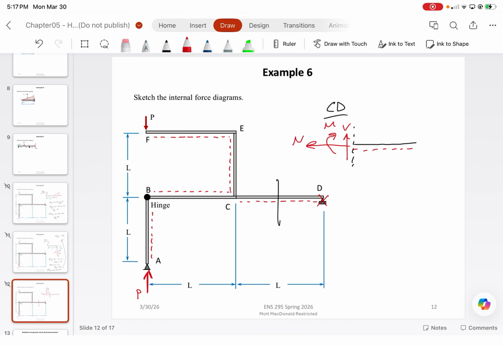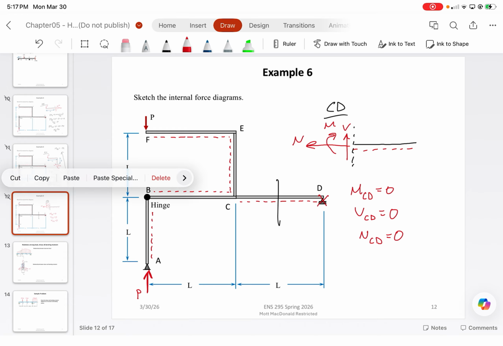All right. Now from here, let's go to BC. We analyze everything not to that cut, but to here. Analyze everything to either the left or to the right.